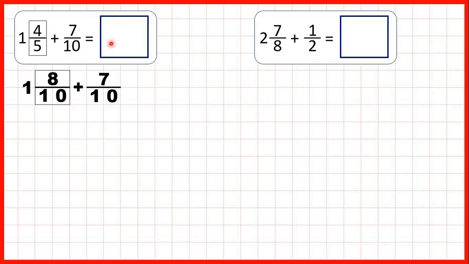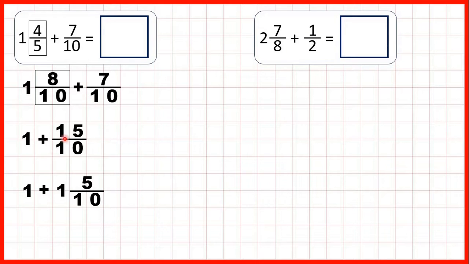We can't write 1 and 15/10 as our answer, because we can't have an improper fraction in a mixed number. So we still have 1 whole, but we need to add the 15/10 that we've got from adding our fractions.